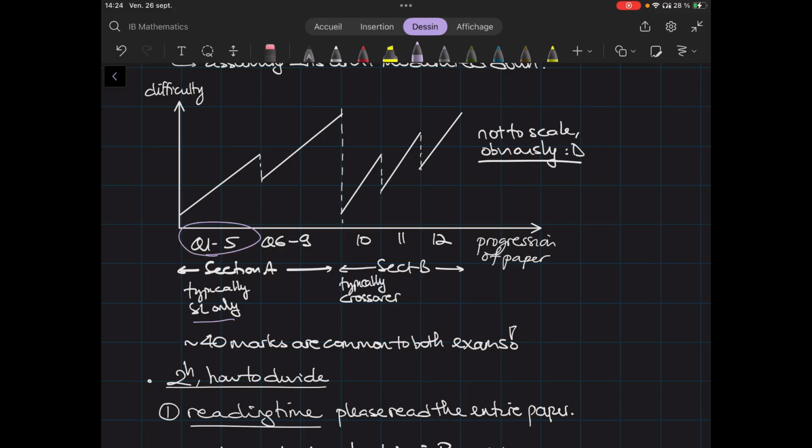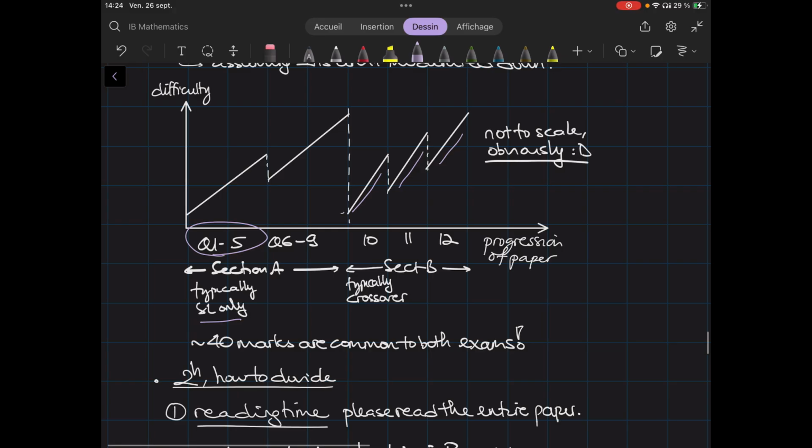Question 6 to 9 is where things get a bit spicier. It will get progressively harder as we hit the end of section A. Section B usually consists of 3 questions, and each question has its own progression, as we can see.